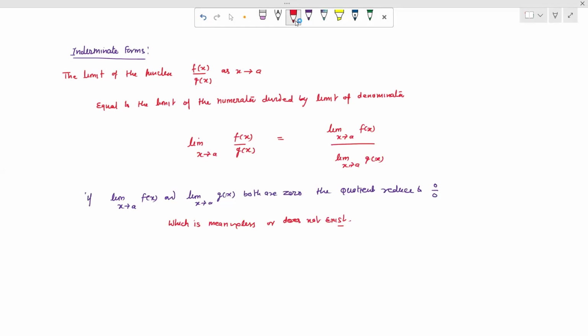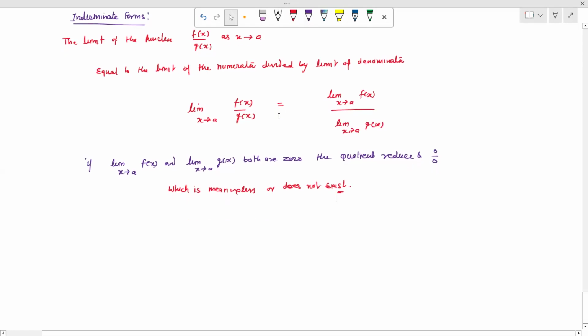So if this kind of situation occurs, that means the 0 upon 0 form, we can say that this gives rise to the indeterminate form.